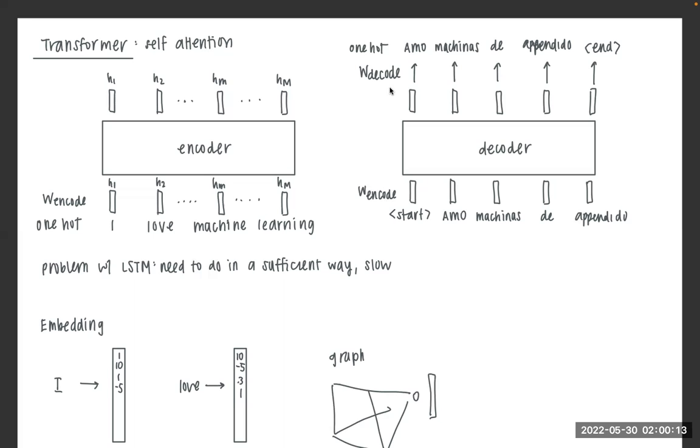That is the log of the probability of the observed word given all the previous words and all the input sentence. So it's actually simple, because after all this calculation, you get the probabilities of all the predicted words, right? And then you look at the probability of the word that is actually observed. You want to maximize this probability.